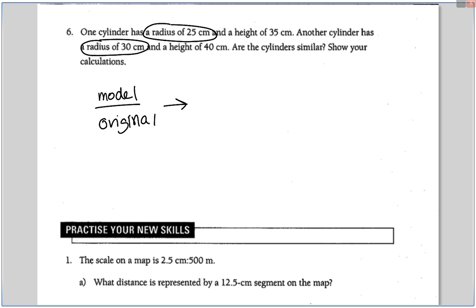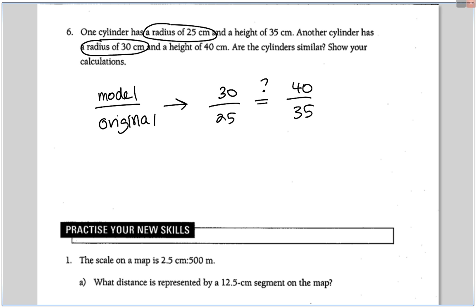You can't compare the height to the radius, it's a different dimension. So 30 dividing by 25, is this the same as 40 divided by 35? I don't think this one will be similar, because it looks like they've just added 5 to each. But we always check the proportions.